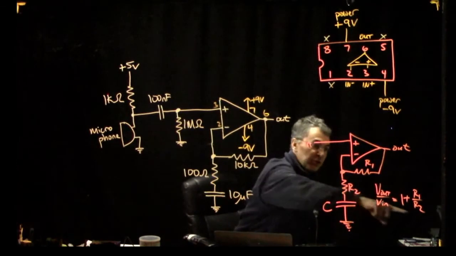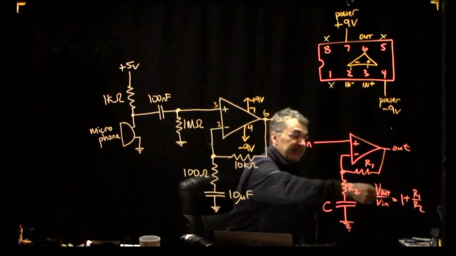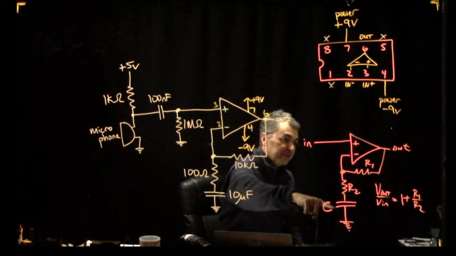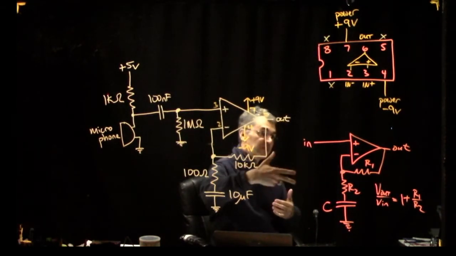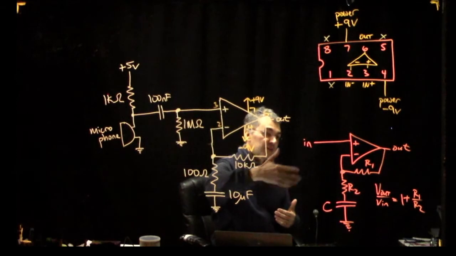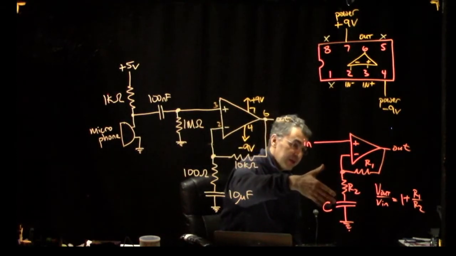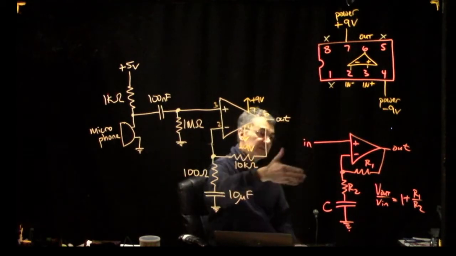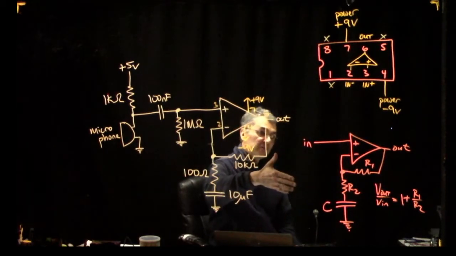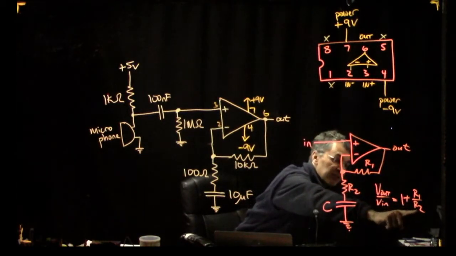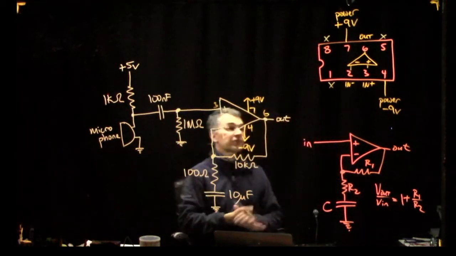If you make R2 be infinity, then the gain is just 1. So we want a big enough capacitance that the impedance is tiny at signal frequencies, so it doesn't interfere with the signal frequency. But we want the capacitor to be present so that at DC, where the impedance of the capacitor is infinite, that basically makes this denominator here be infinity, so V out over V in is just 1 for DC.